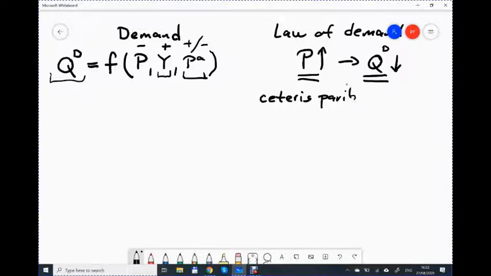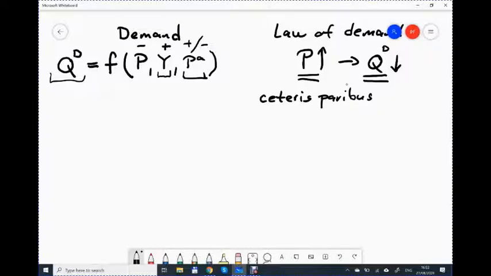That is, we are going to operate under the assumption that everything else is fixed. That is, when I draw a graph, then you can assume that along the same demand curve, income and the price of other goods and all other factors are going to remain unchanged.